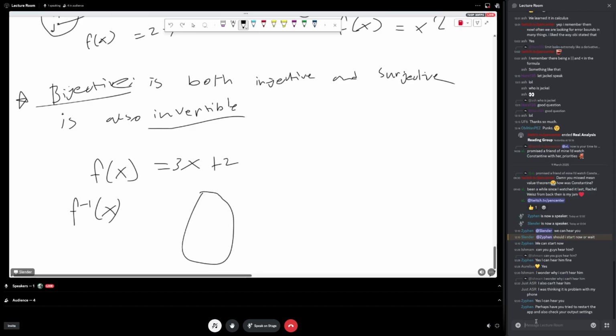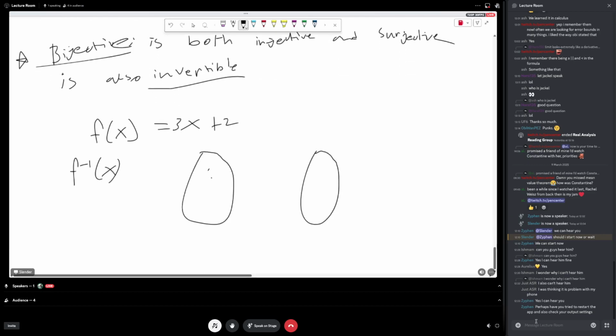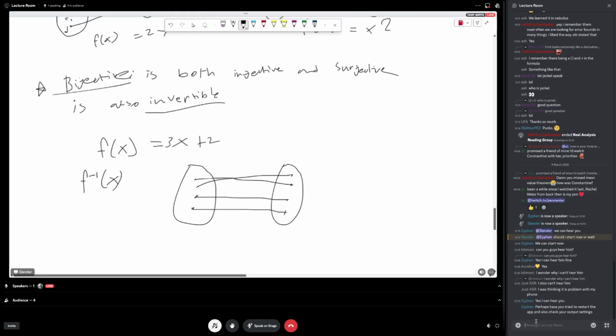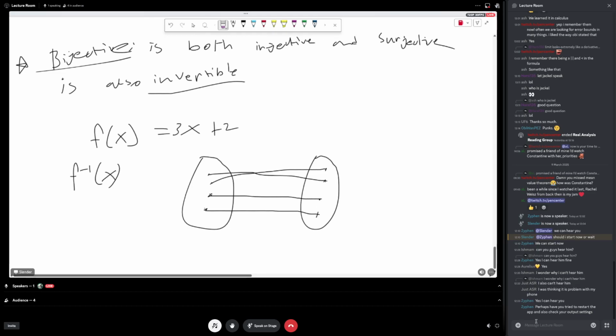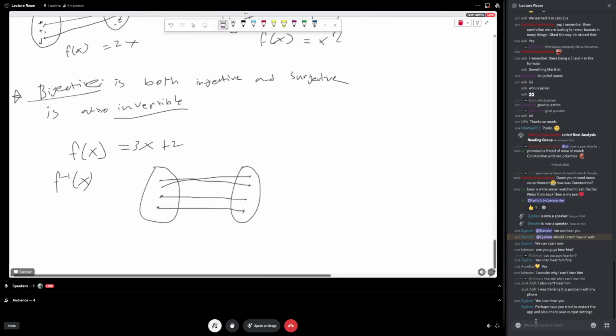An example of a bijection is if we have four elements here and four elements here, and all of them map to some element, but the inputs won't map to the same output. It will all be distinct, and there won't be any elements left out in the domain and the codomain. We have them all mapped.